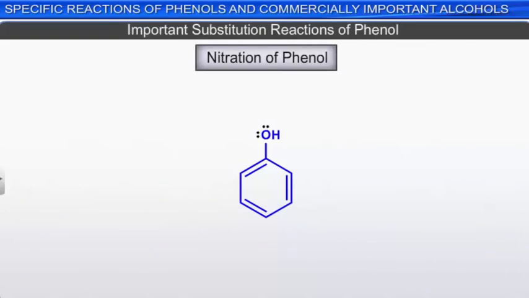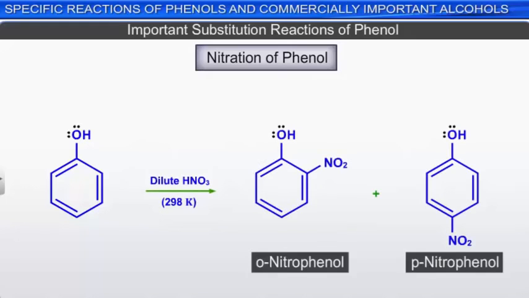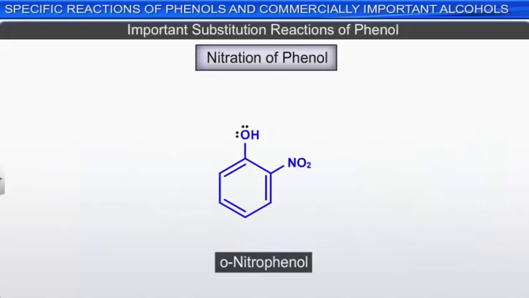If you react phenols with dilute nitric acid at low temperatures, a mixture of ortho and para nitrophenols will be produced. The two isomers of nitrophenol have different physical properties. As the illustration shows, orthonitrophenol can participate in intramolecular hydrogen bonds.